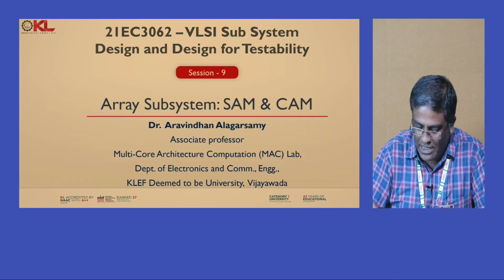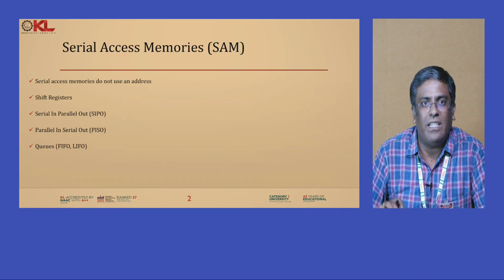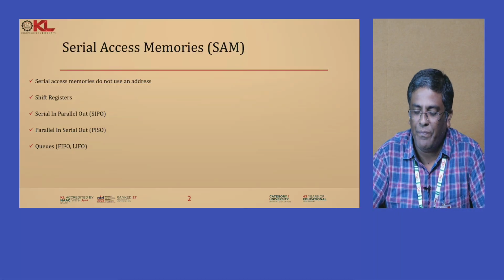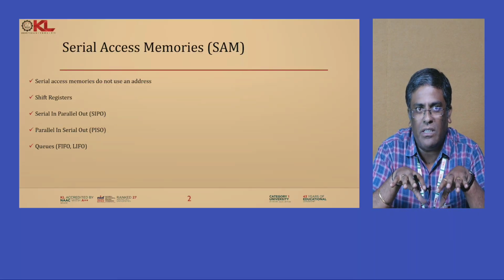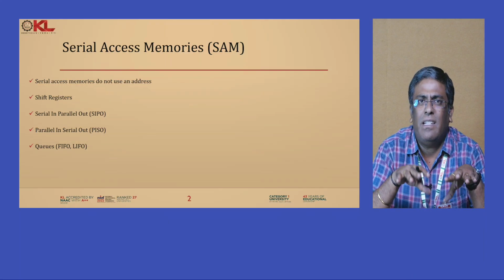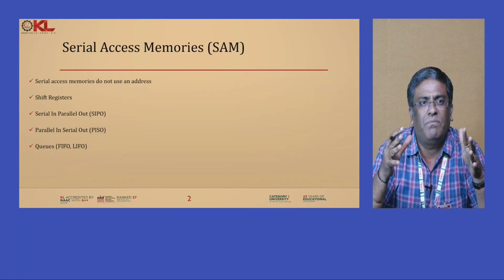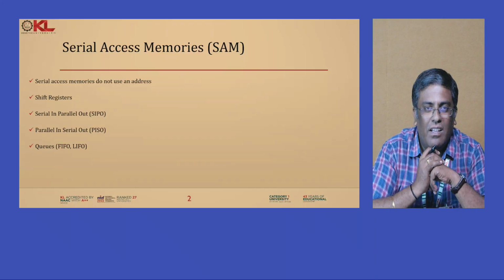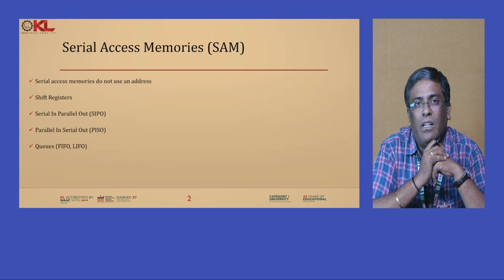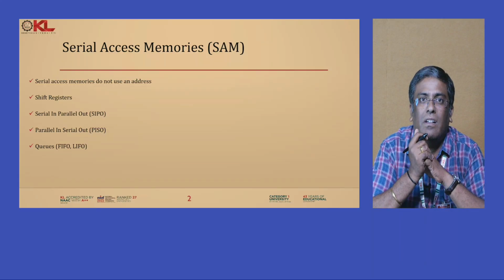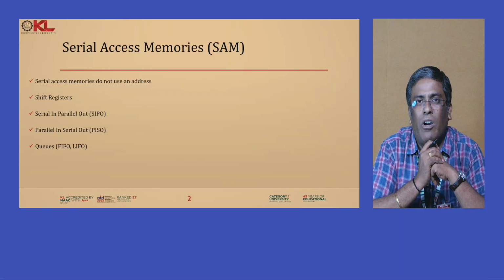Let me start with the SAM, that is nothing but serial access memory. When you compare with the normal conventional memory devices, this SAM doesn't have any kind of address. Normally in the SRAM and DRAM, and even in the ROM, read-only memory, we see a row and column structure.